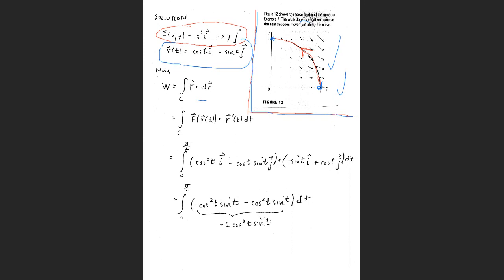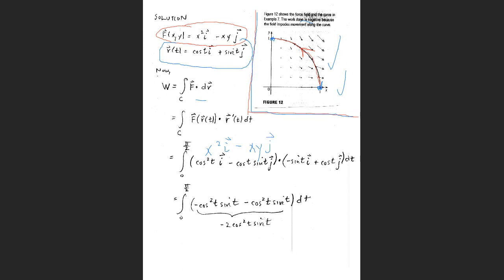So of course the vector field is x squared i minus x times y times j.